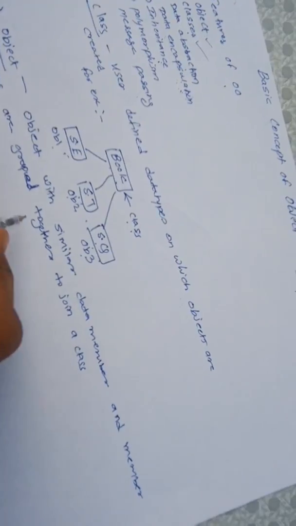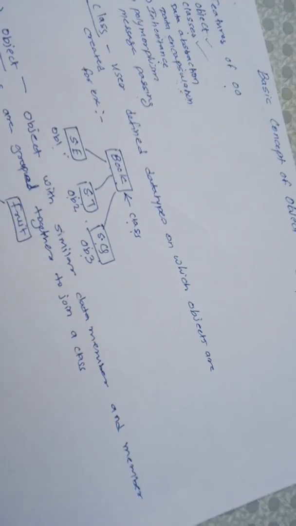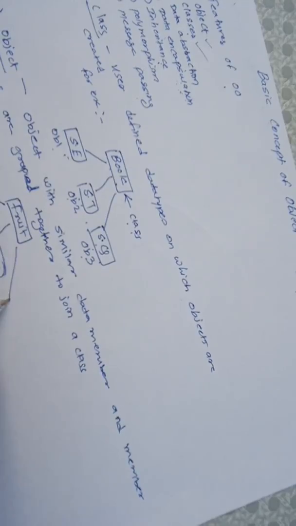For example, fruit is the class having objects apple, orange, mango.